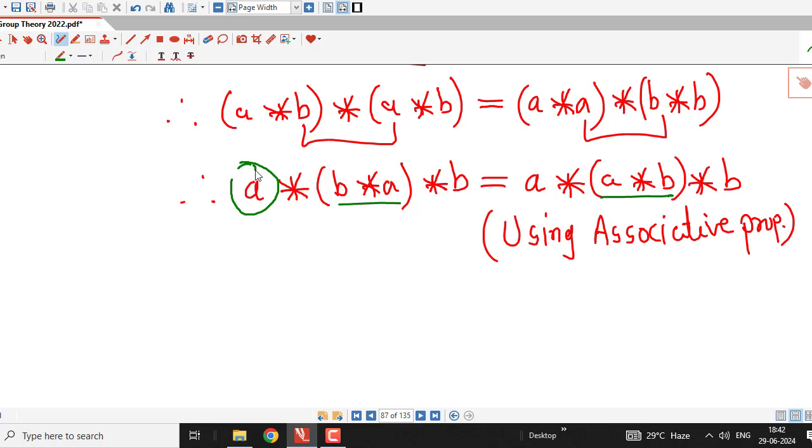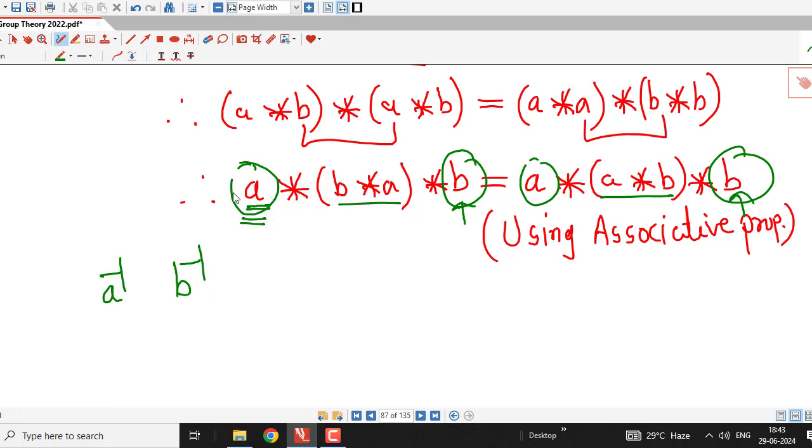So I don't require A on the left, and I don't require B on the right hand side of both the sides. So what we can do here, we can multiply the left sides by the inverse of A, and the right sides can be multiplied by B inverse.